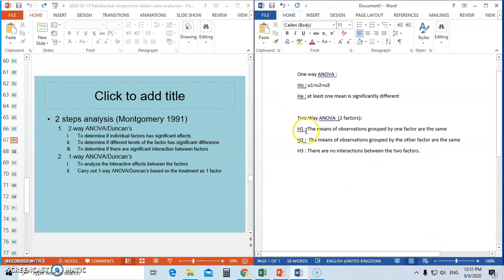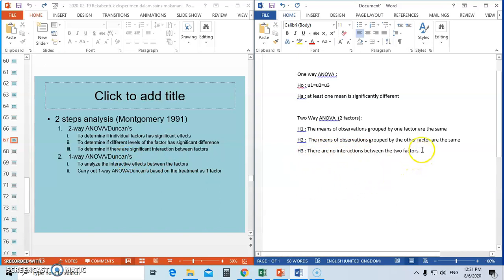From the first hypothesis, we can determine whether there are significant effects of the first factor. For the second hypothesis, whether there are significant effects of the second factor, and whether there are significant interaction effects between the two factors.